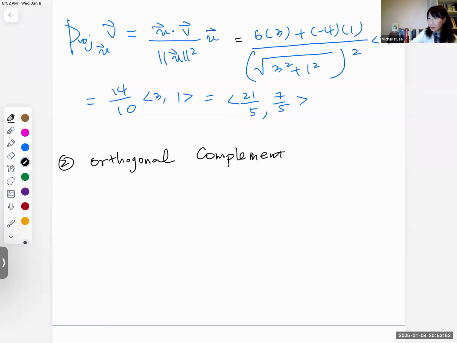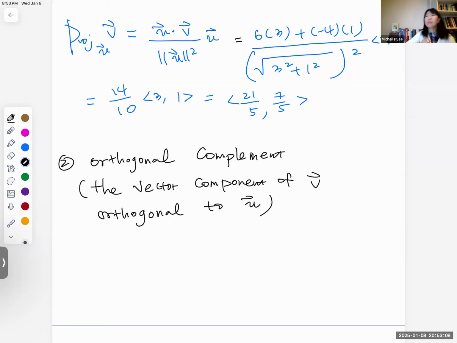So in other words, this is the vector component of V orthogonal to vector U. All right.